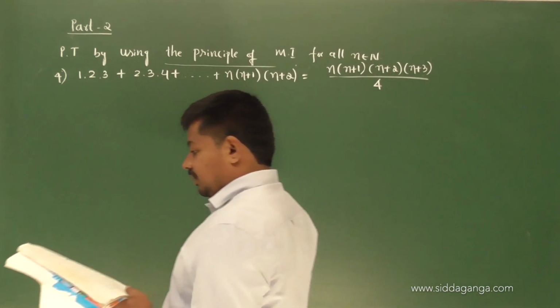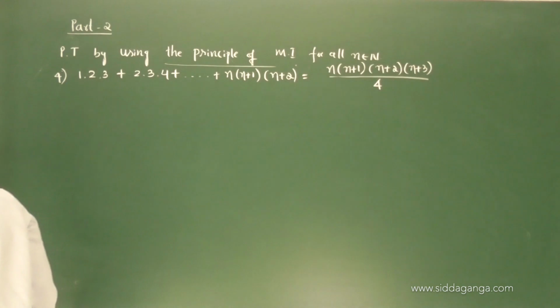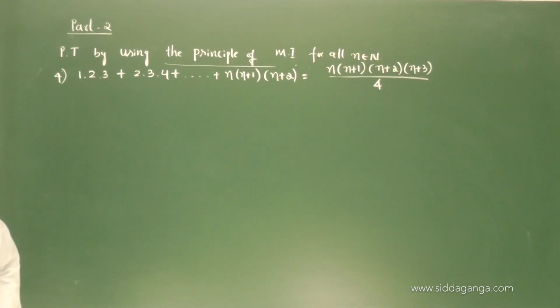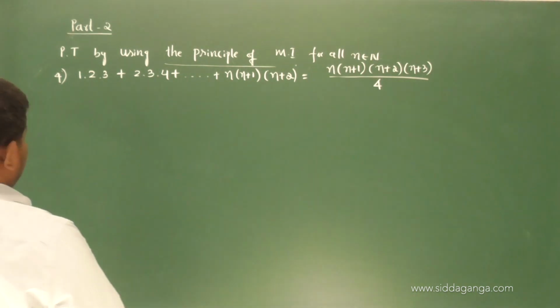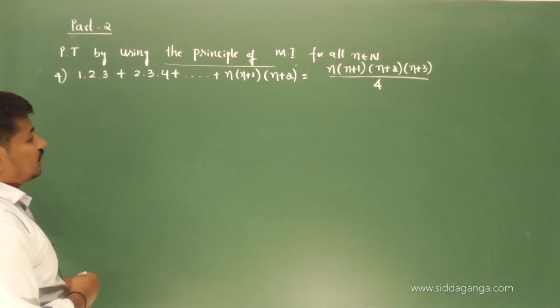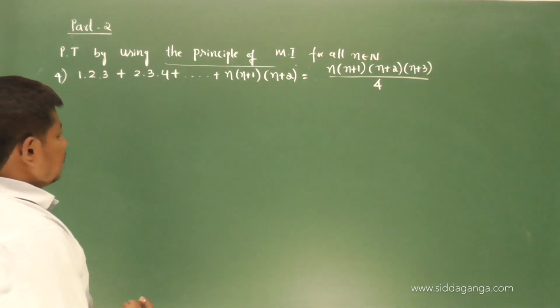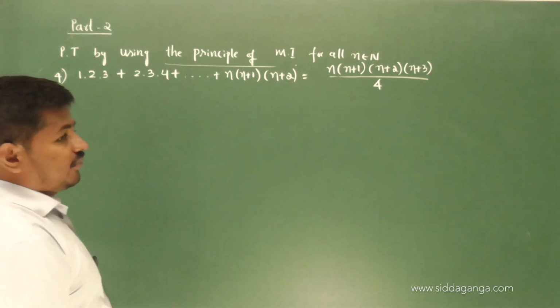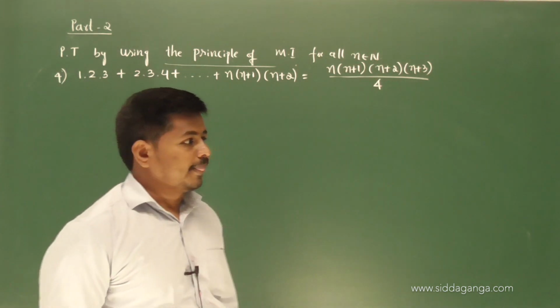So prove by the principle of mathematical induction that 1 into 2 into 3 plus 2 into 3 into 4 plus 3 into 4 into 5 and so on, where the nth term is n into n plus 1 into n plus 2, the sum is n into n plus 1 into n plus 2 into n plus 3 whole divided by 4. This is the question we have now.